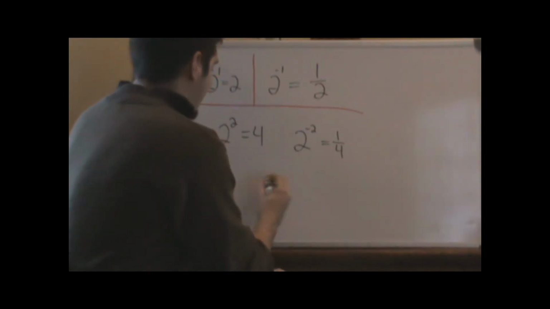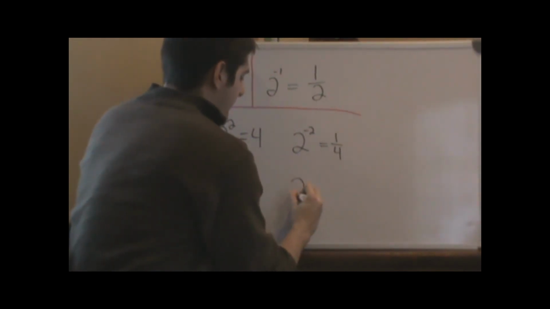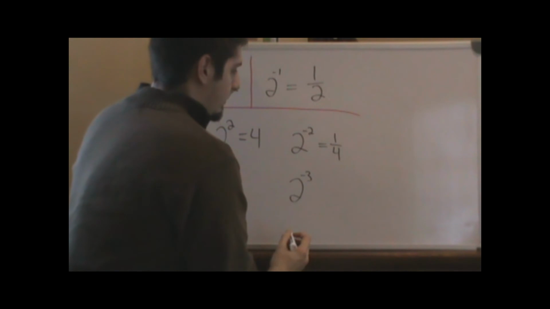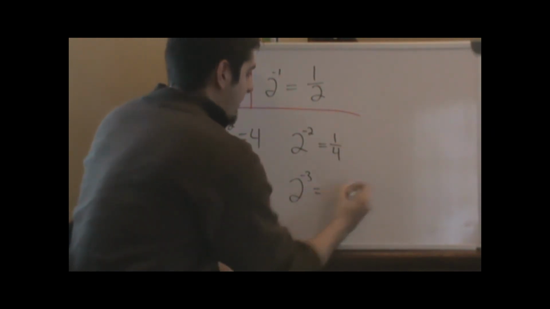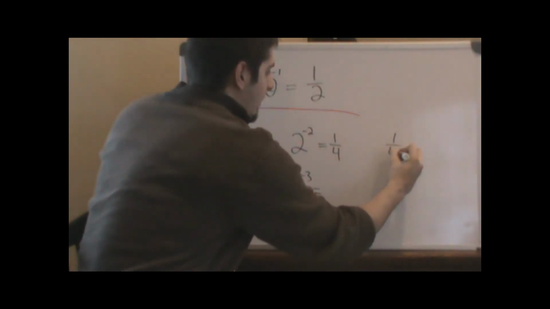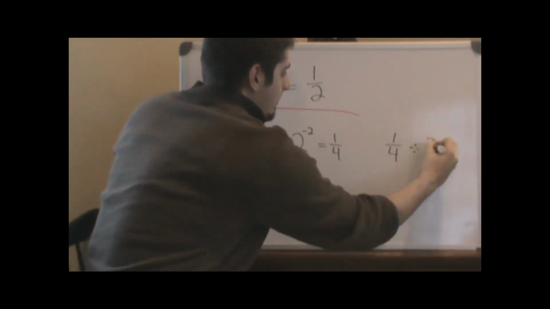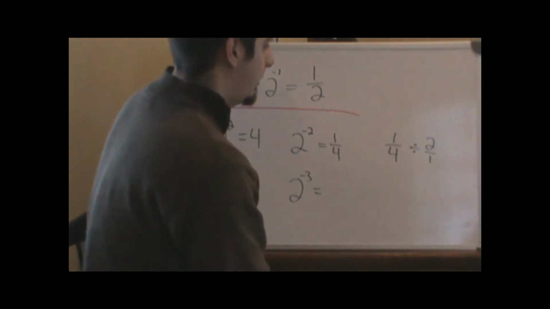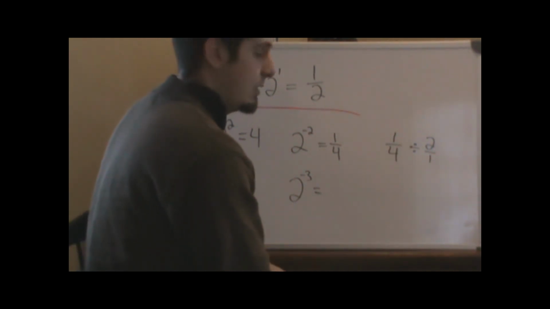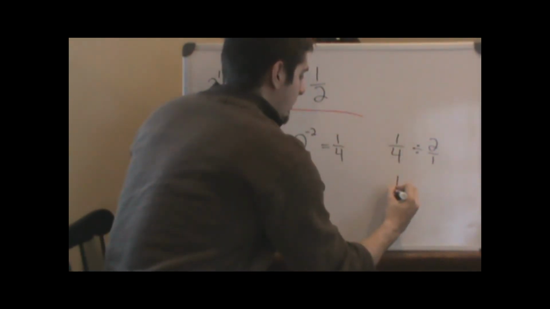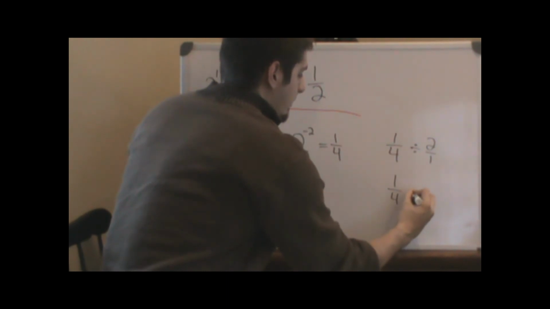So if I wanted to find out what 2 to the negative 3 is, I'm going to take 1/4 and divide it by 2. Now flip the number on the right and multiply. And watch what happens.